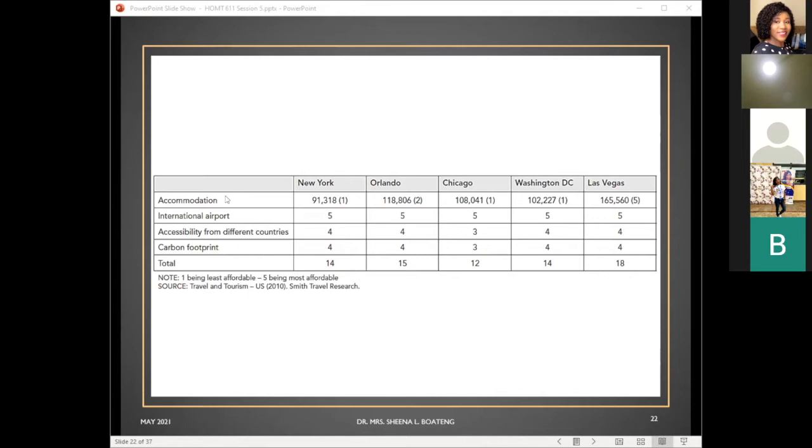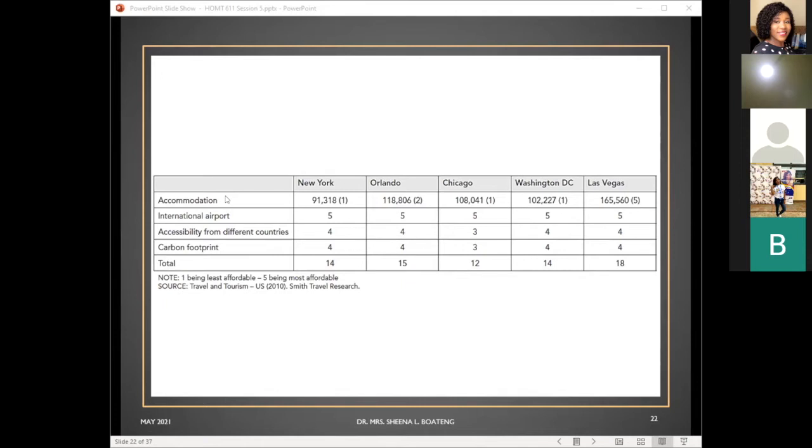And they were doing this based on hotels located in specific cities in the United States. So they have New York, Orlando, Chicago, Washington, DC, and Las Vegas as all cities that are potential locations for the conference. And they were judging them based on accommodation.